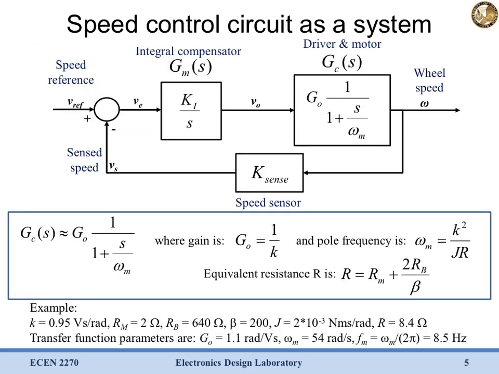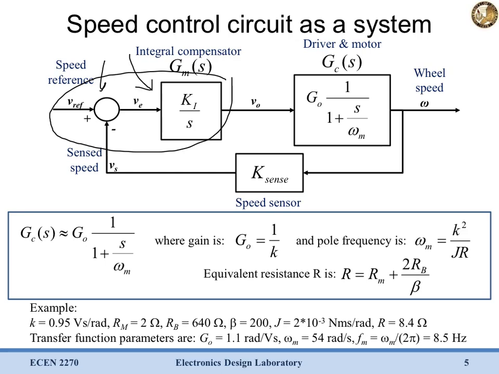When we wrote this system as a block diagram, remember we had separate blocks for the three different parts of the circuit. Our integral feedback controller turned into these two blocks here, a summation and then a gain block, where this is our integral compensator.